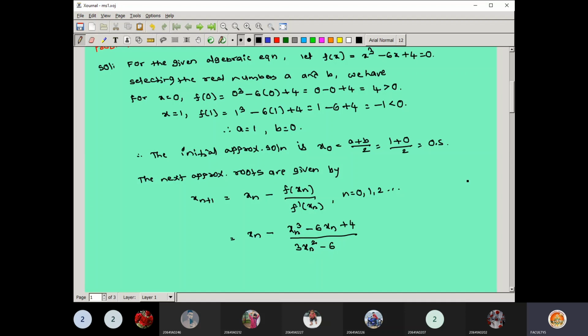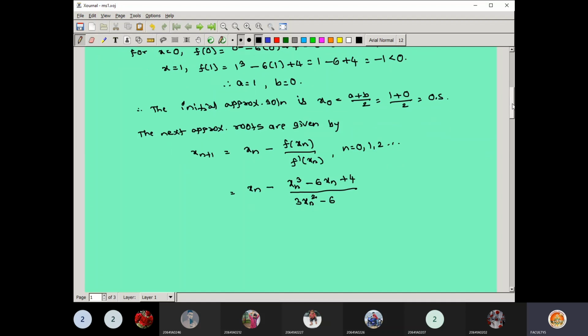Now you do the simplification by taking LCM so that you are getting the answer. It is xn into 3xn square minus 6, and it is minus of xn cube minus 6xn plus 4. Overall it is divided by 3xn square minus 6.